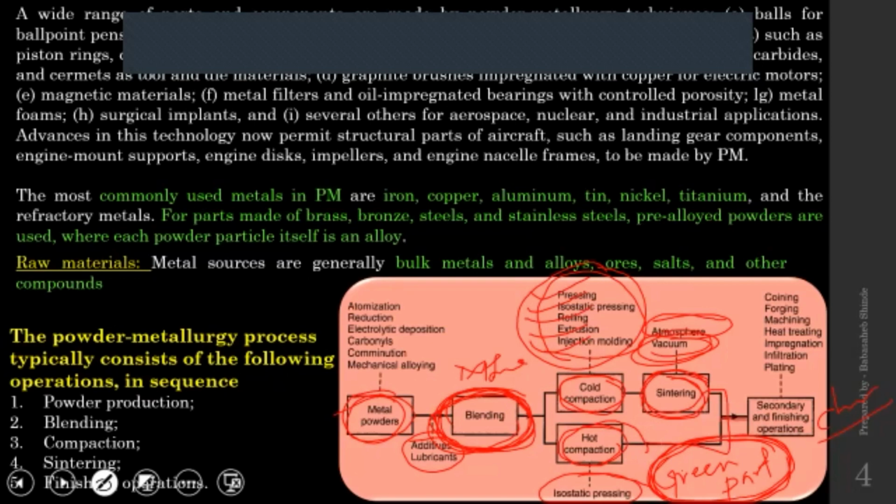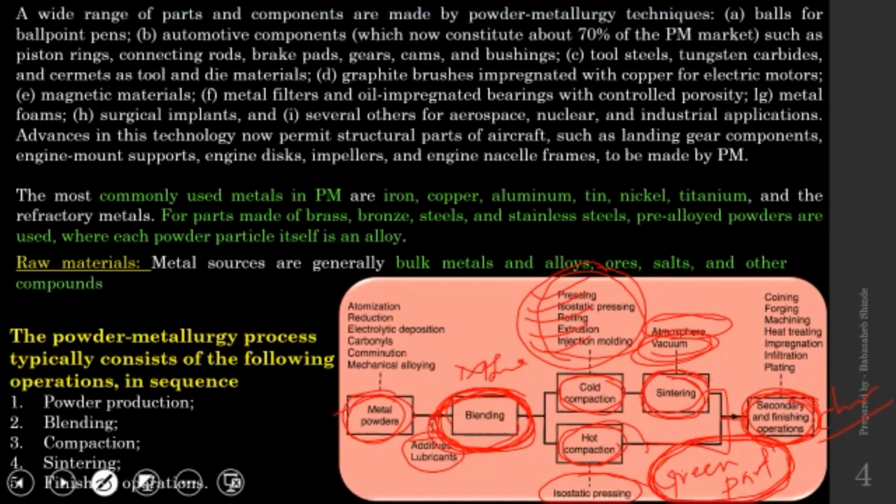And as I mentioned here, in some cases we need to go for some secondary and finishing operations. The need of applying these operations is the surface characteristics that we expect from the product.